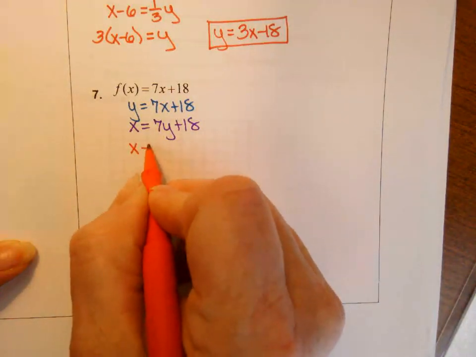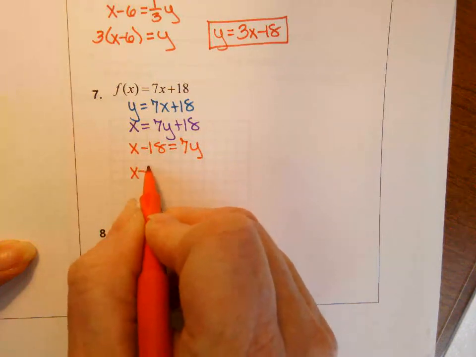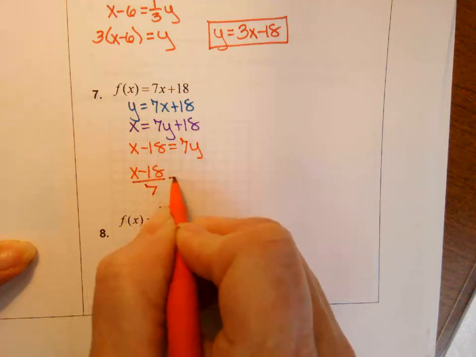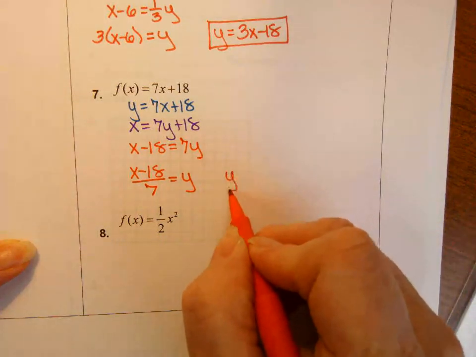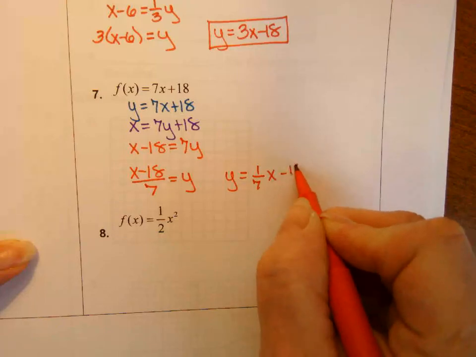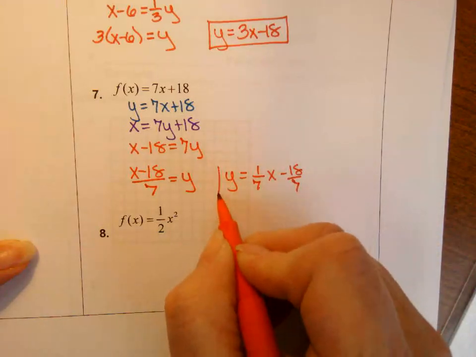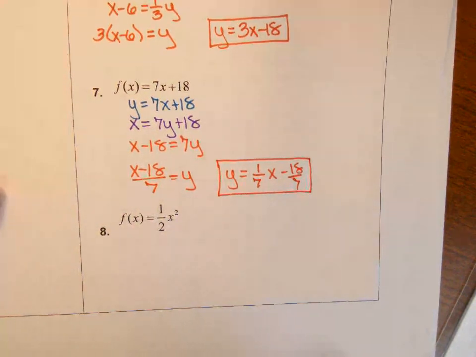Subtract 18 from both sides. Divide by 7. And clean it up. Y equals 1/7 x minus 18/7. Glad I'm not actually graphing that. 18/7 would not be any fun.